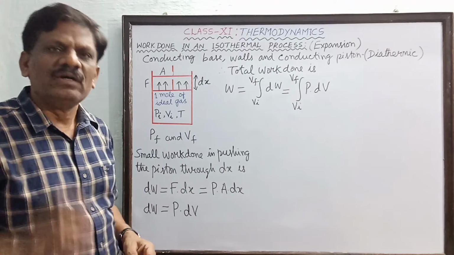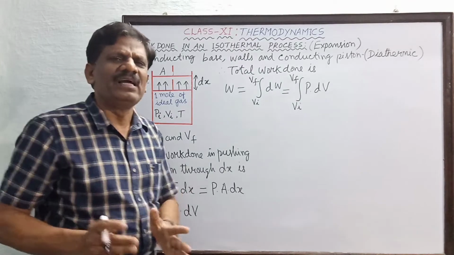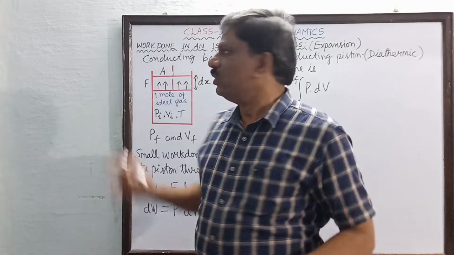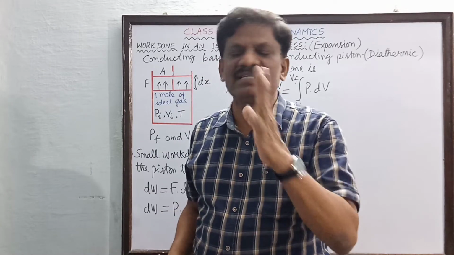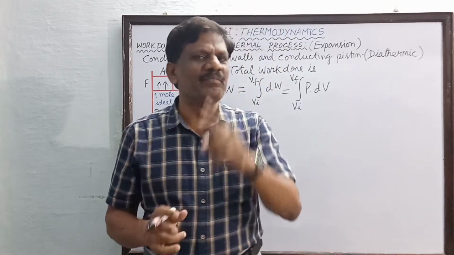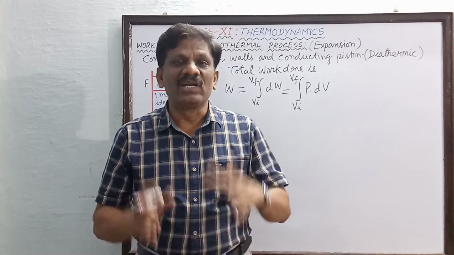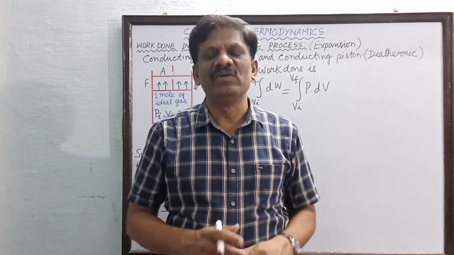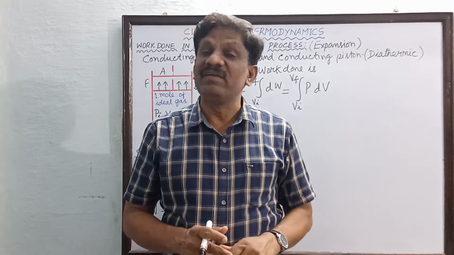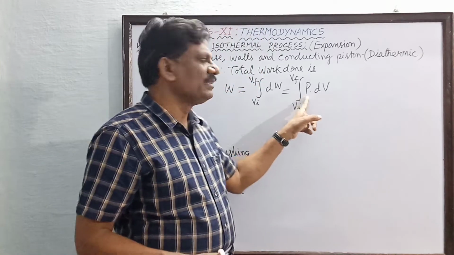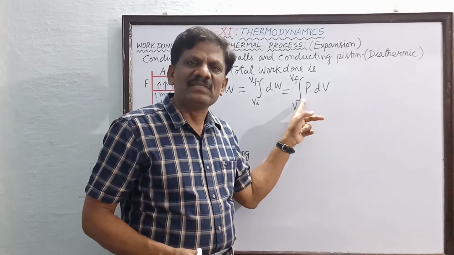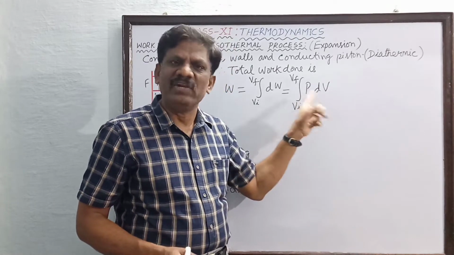Now you must very clearly understand one thing. During an isothermal process, which coordinate is constant? Only temperature is constant. What about the pressure and volume? These two coordinates are both variables because both are changing. So I have to express this pressure in terms of the other variable, volume.